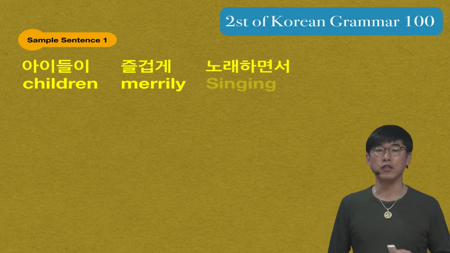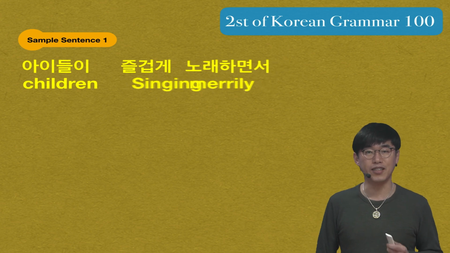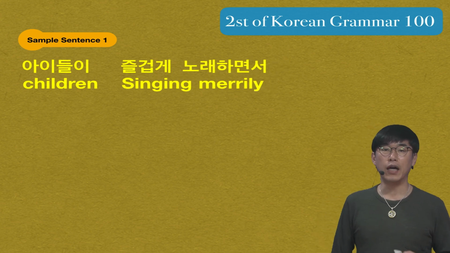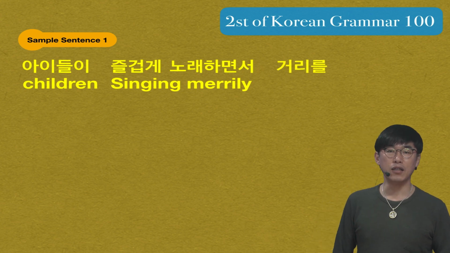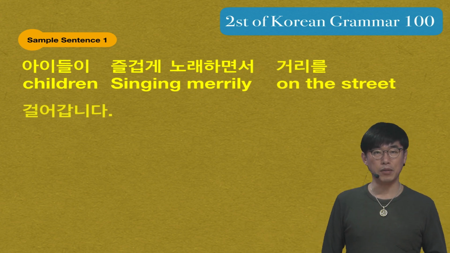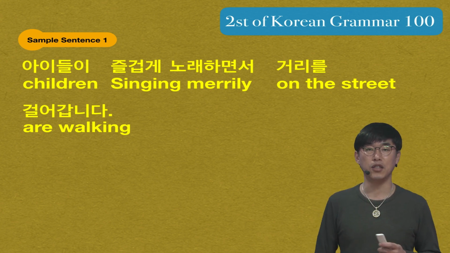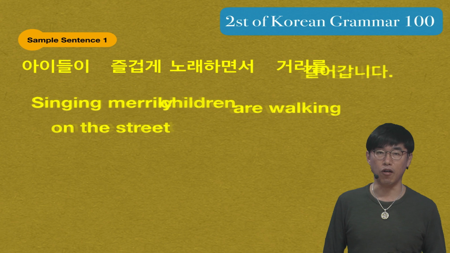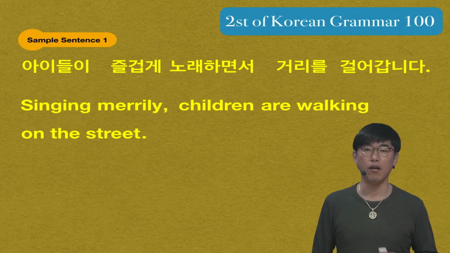And 노래하면서 is a participial construction, which means singing. So 즐겁게 노래하면서 is singing merrily, right? And 거리를 is on the street, and 걸어갑니다 is the verb of this sentence, meaning walking. So 아이들이 즐겁게 노래하면서 거리를 걸어갑니다. Singing merrily, children are walking on the street.